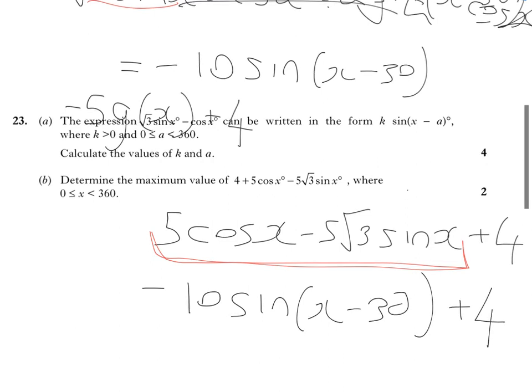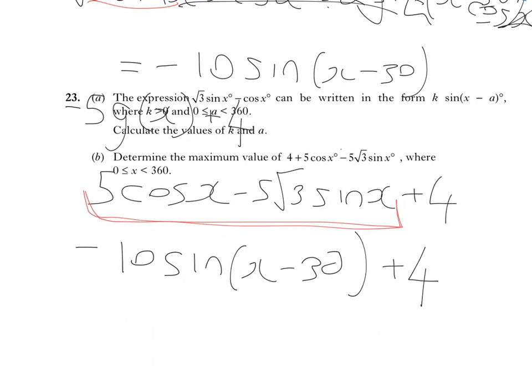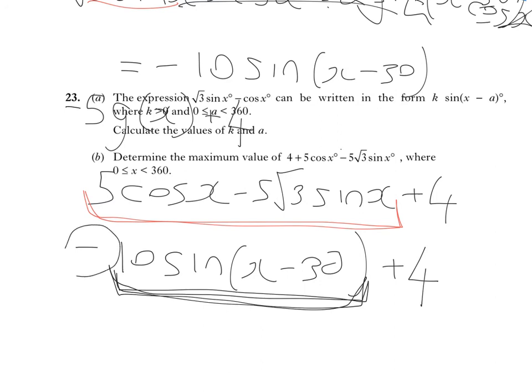Now in terms of its maximum value, well, the maximum value of this part of the function, if I was to say that that was a separate function, 10 sin(x minus 30), then obviously its maximum value would be 10. Now if I then put a minus in front of it, all it means is that that function has been flipped across the x-axis. So its maximum value would still be 10.